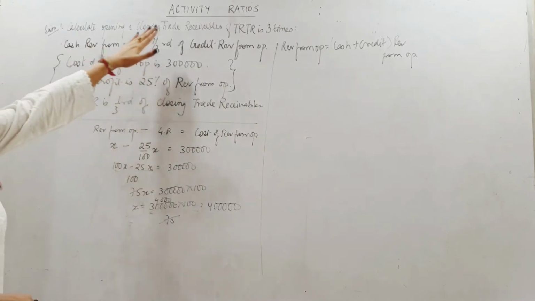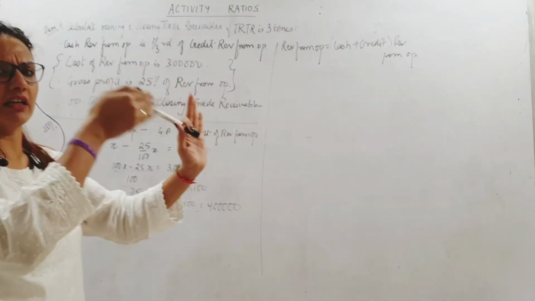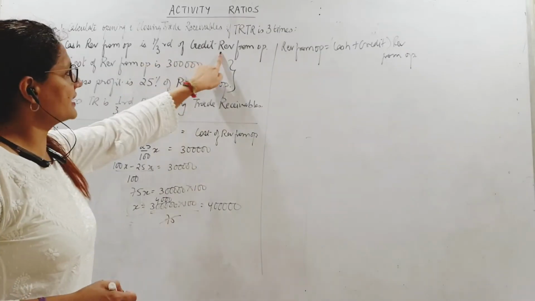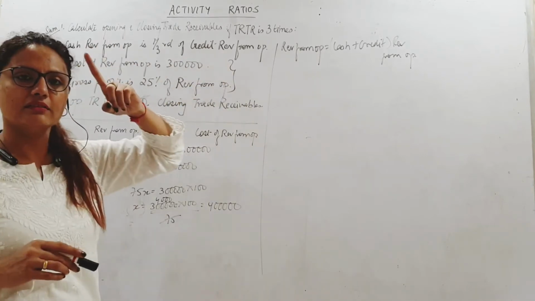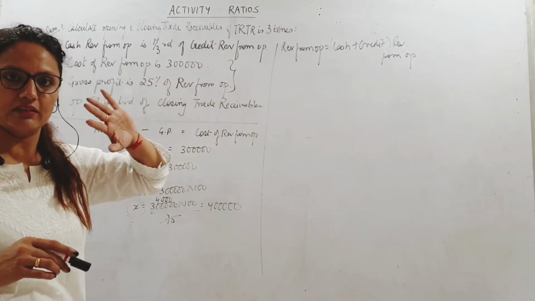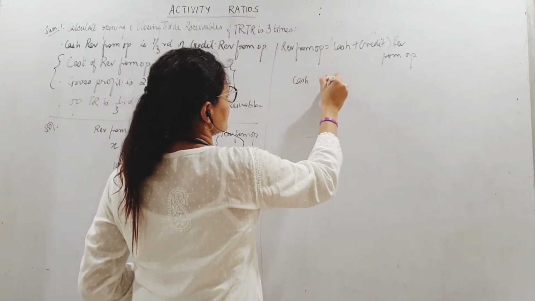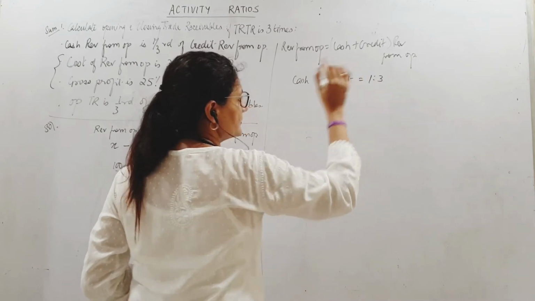Cash revenue is 1/3 of credit revenue. So whatever is credit revenue, its 1/3 will be cash. That means if I take credit revenue as 3, what will cash be? 3 divided by 3, that is 1. So the ratio of cash to credit revenue is 1:3.